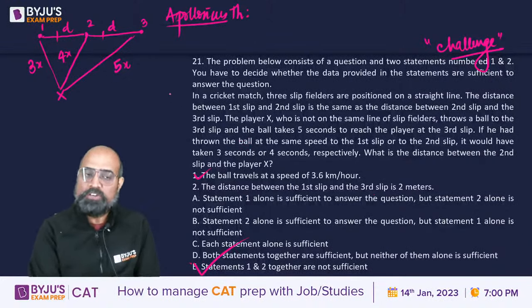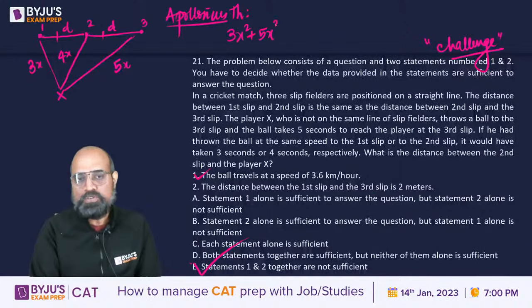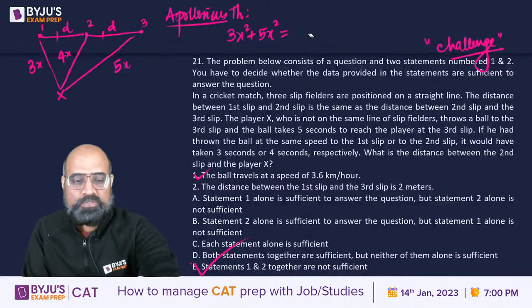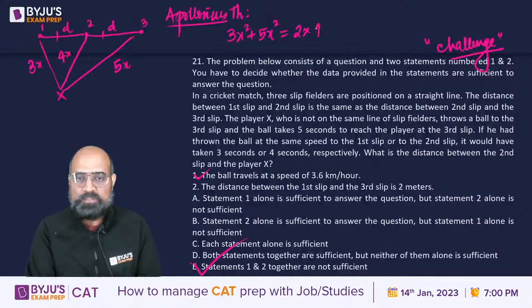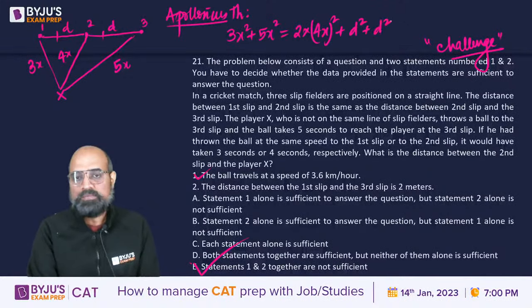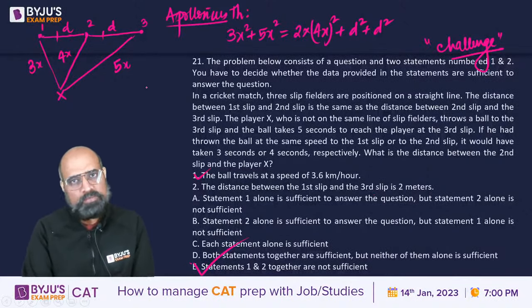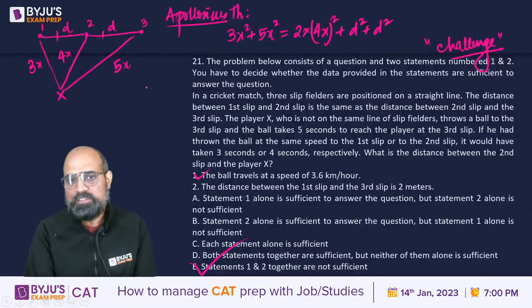So Apollonius theorem के according, what happens is you can write 3x square plus 5x square is equal to 2 times median का square plus sum of the squares of the bisected segments.